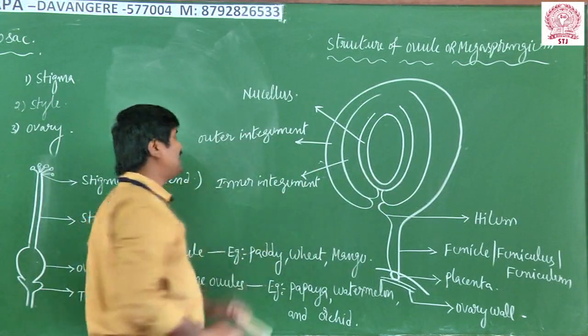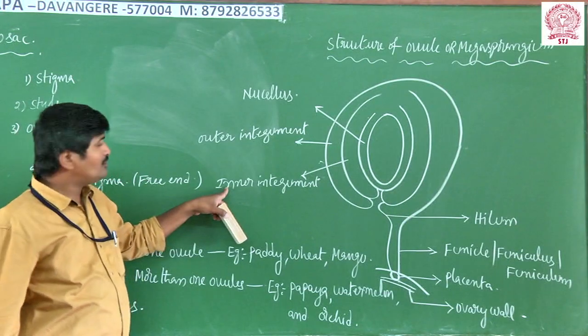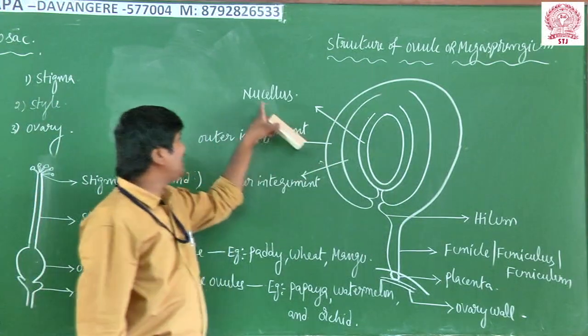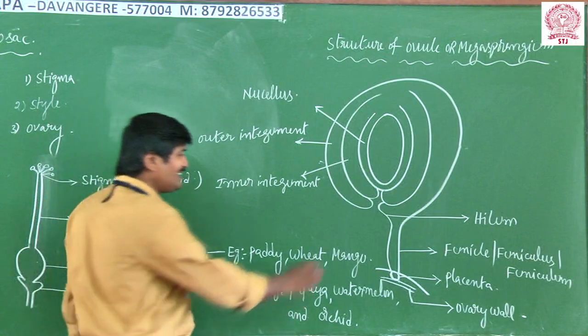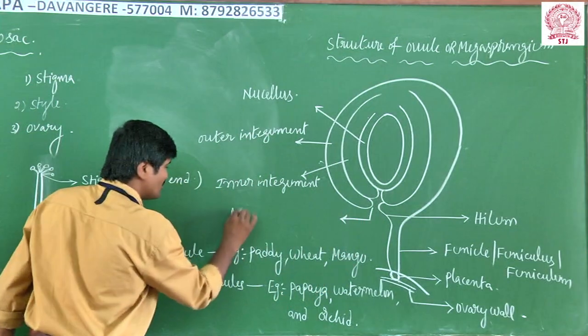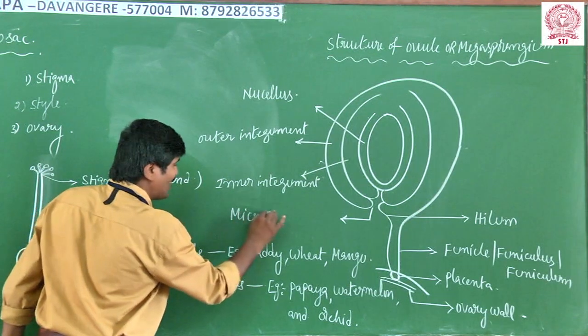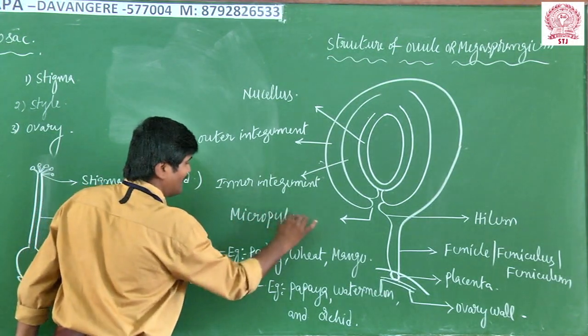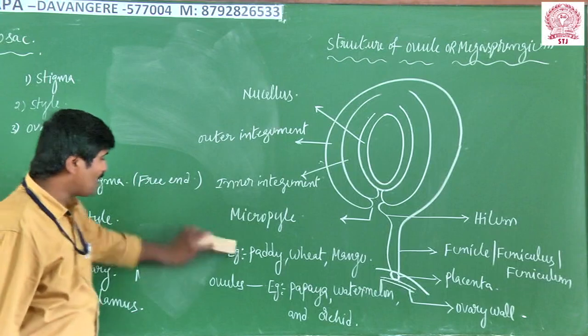Next one, the region where the outer integument and the inner integument do not enclose the nucellus is known as the micropyle. That is the micropyle.